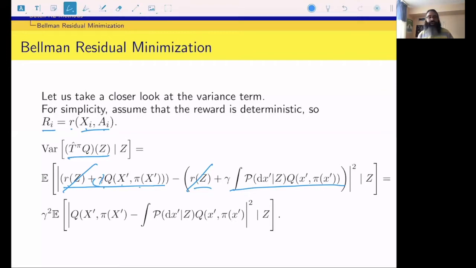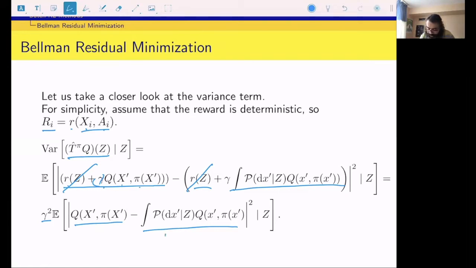If I take the discount factor gamma out, I get gamma squared times the expectation of Q(x', pi(x')) minus the integral of Q at the next state.